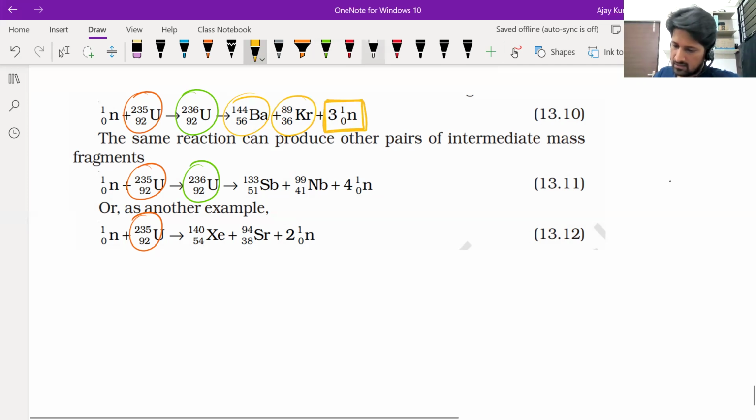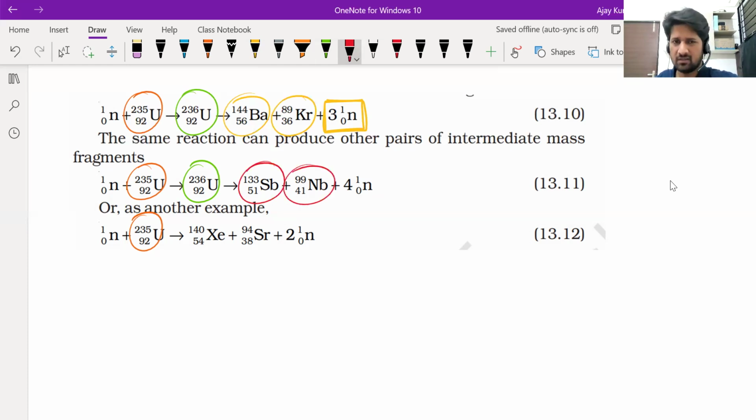In another reaction, it gives rise to Nb 133. What does Nb stand for? I think niobium. Find out.